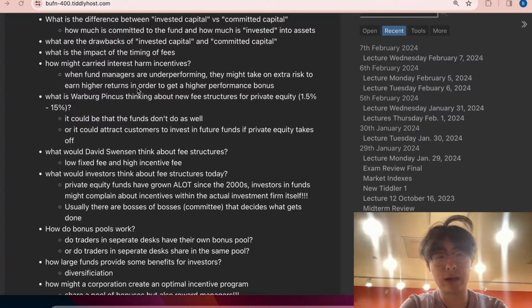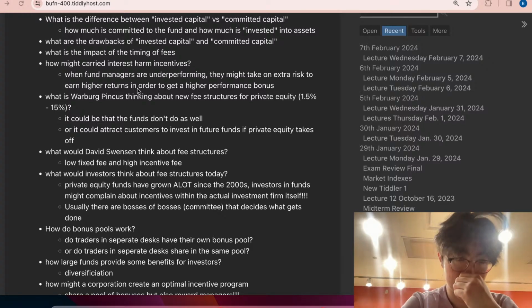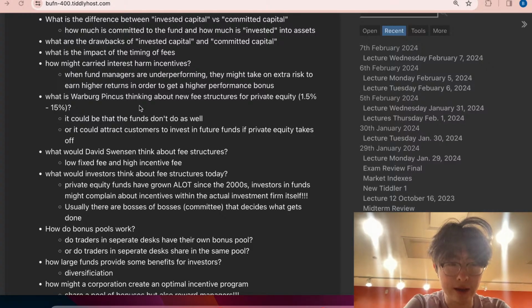I think the going rate at the time was 2 and 20. In this case, Warburg Pincus had a 1.5 and 15 fee structure. And so we were talking about today why they might be going against the grain here.